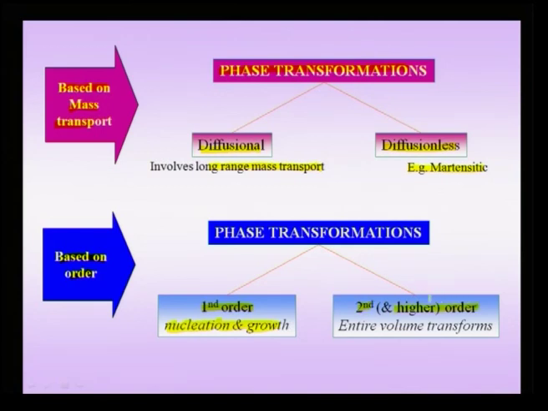Typically, second and higher order transformations are clubbed together, though in principle you could talk about second order, third order, etc. And as I pointed out, if a first order phase transformation involves nucleation and growth, in a second and higher order transformation the entire volume transforms simultaneously, and this is a characteristic, and an example of this could be the order disorder transformation.